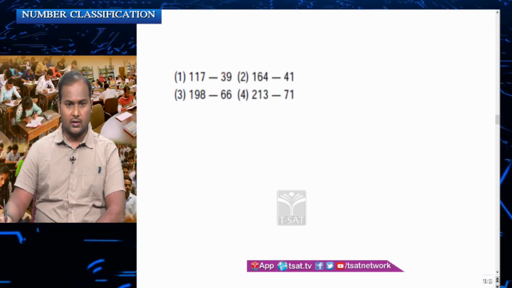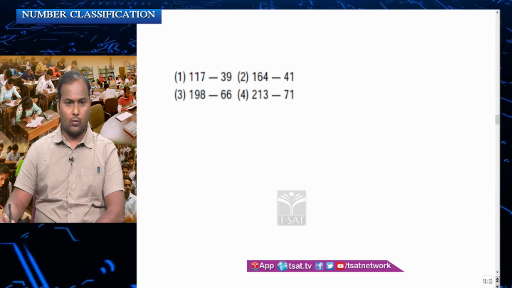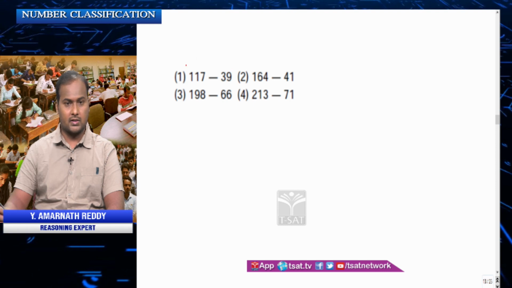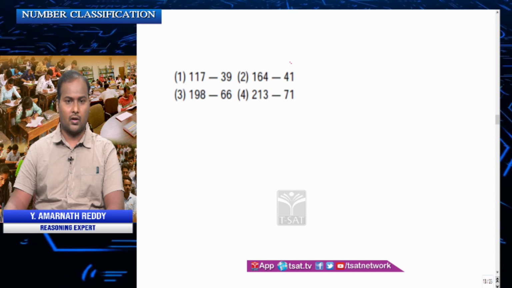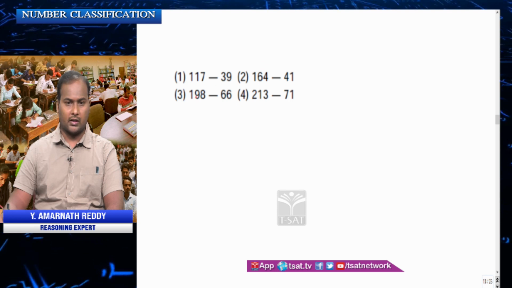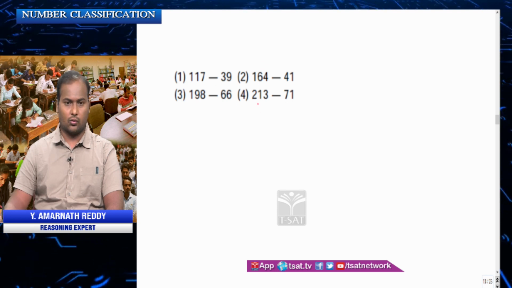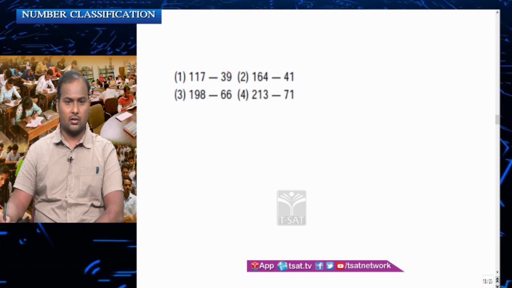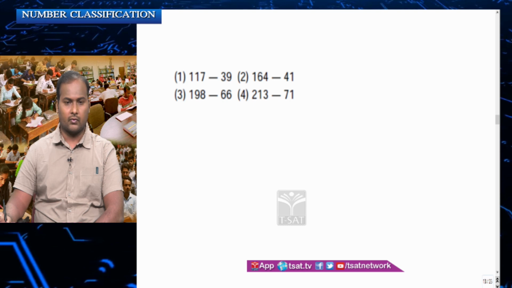Look at this question. In this particular question, 39 117, the moment you see this, always check the range. 39 117, so the range is increasing. Here 41 to 164, here also the range is increasing. 66 to 198, range is increasing. 71 to 213, the range is also increasing. The moment you see this, now you check how many times it is increasing. That is very important.